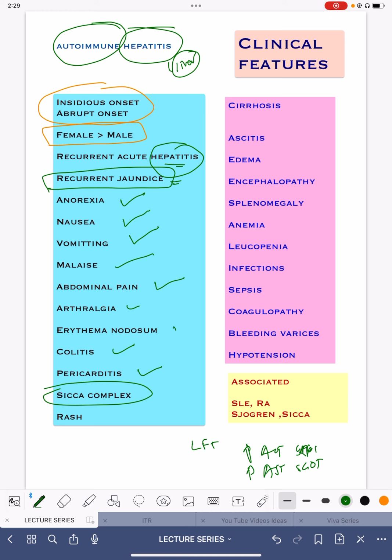The patient may have erythema nodosum and rash. So these are very common features that we can get.